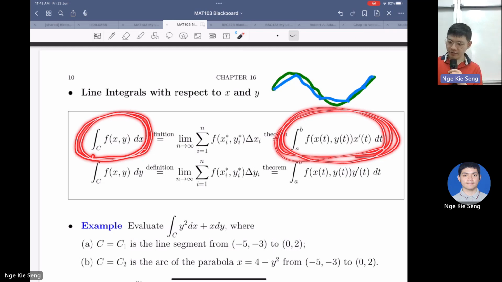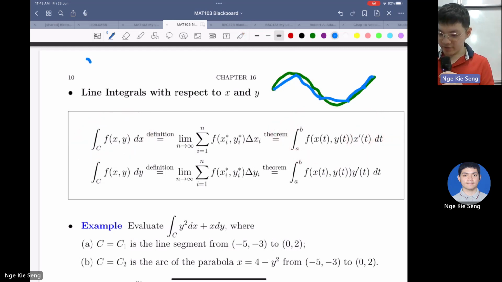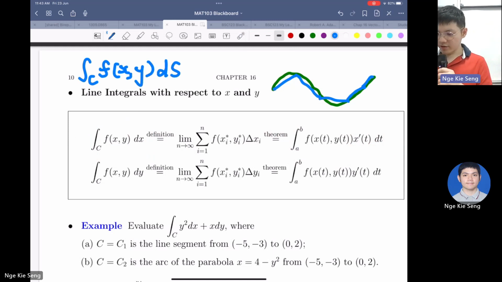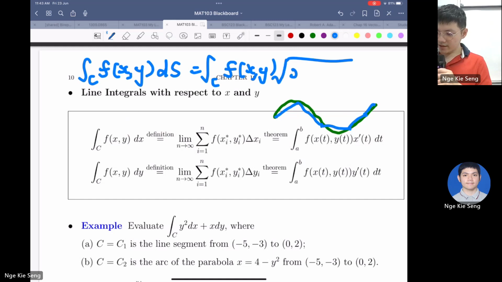And by the theorem, how do you compute this? On the left hand side, you just add an extra x prime t factor in. Because originally, if you integrate over the whole curve, what do you have? You have the square root of x prime t squared plus y prime t squared.